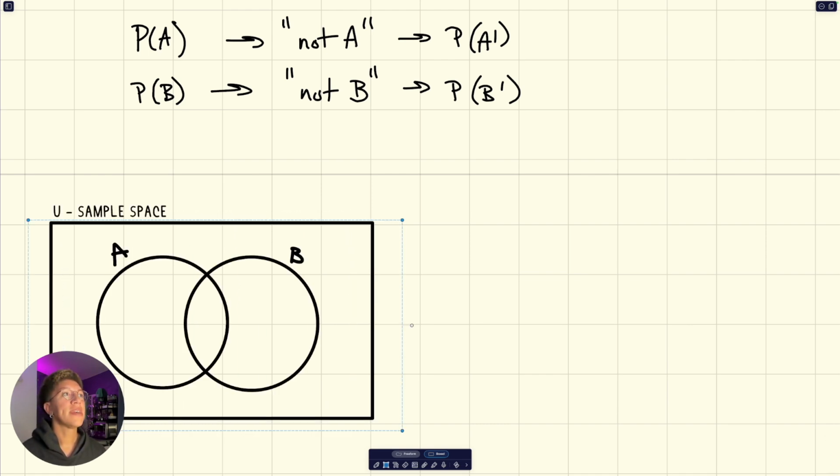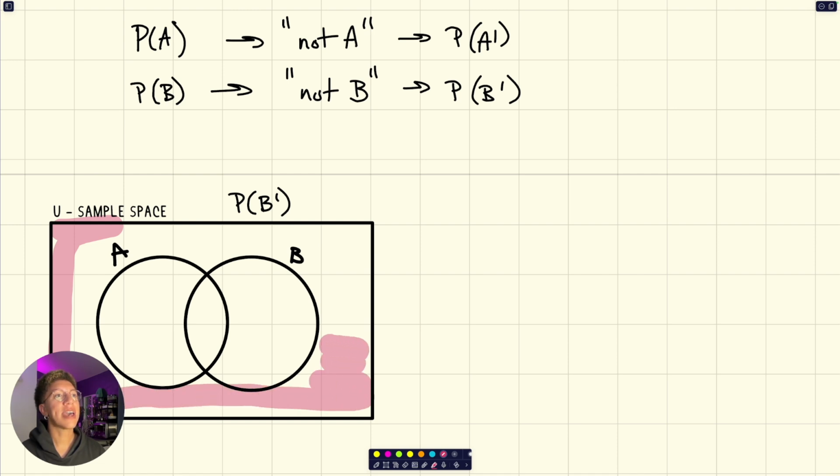So we copy this down, and we're trying to highlight what probability of B not looks like. We can say the probability of B not, and we're going to need our highlighter quite a bit tonight, is everything outside of B. So we're basically taking this diagram and we're shading in everything that is outside of B. So that's going to be all of A except for that part where A and B overlap.